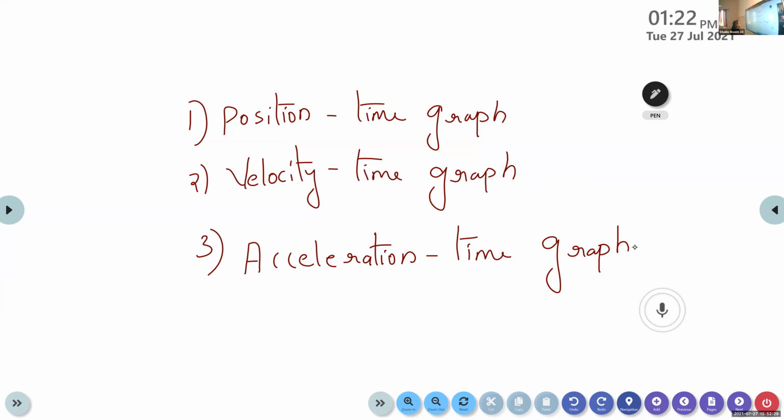Let us see these three graphs one by one. Today we are going to discuss the position time graph of an object. Position time graph.